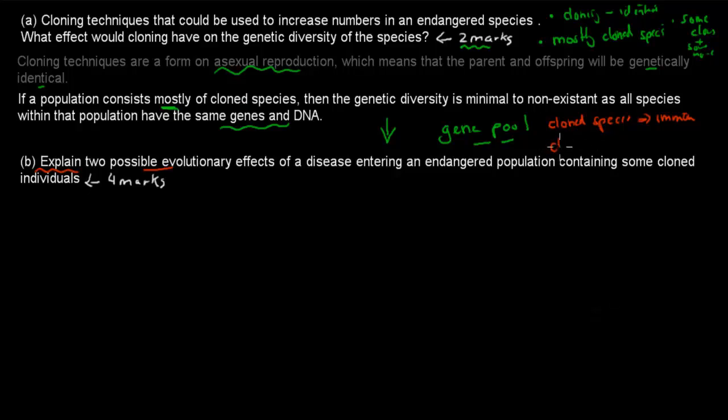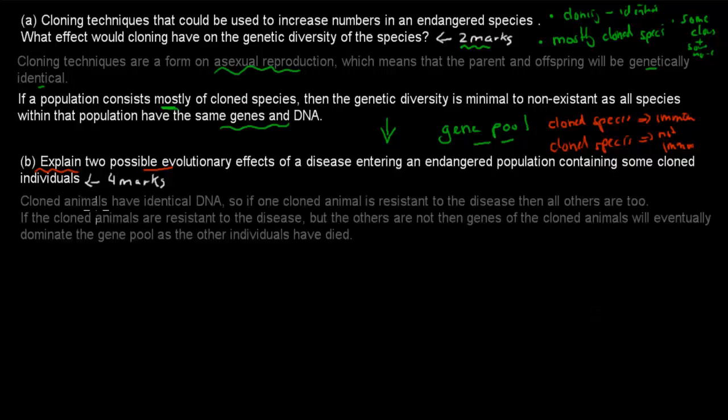And if the cloned species were not immune to the disease, what would happen? What would be the result of the evolutionary effects of this? It might sound a bit confusing, so I'll go over the actual answer and it should be clearer then.